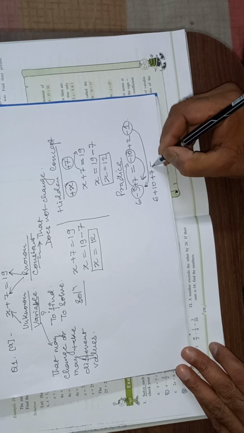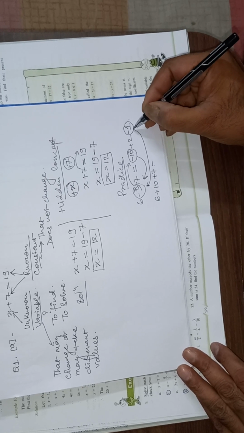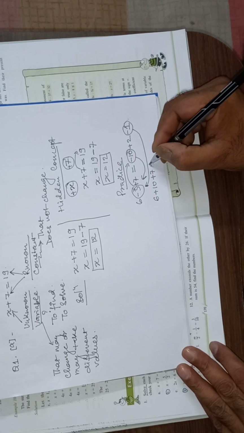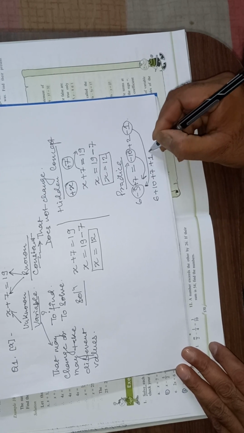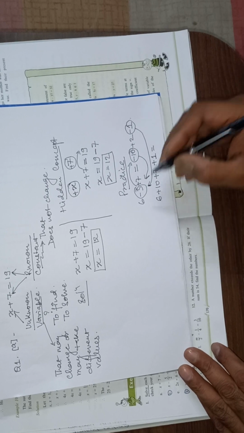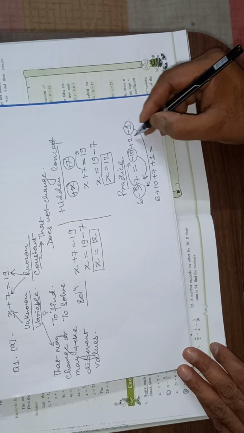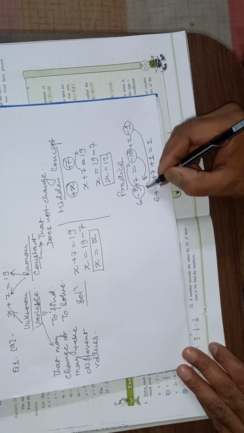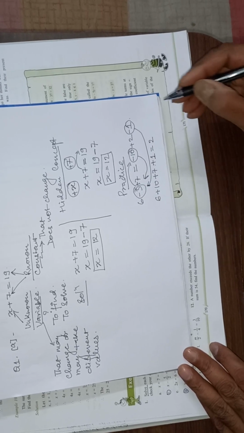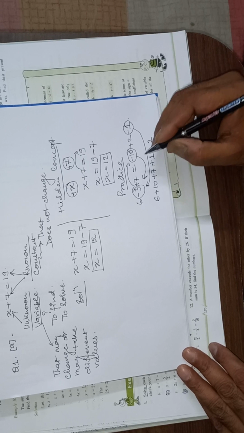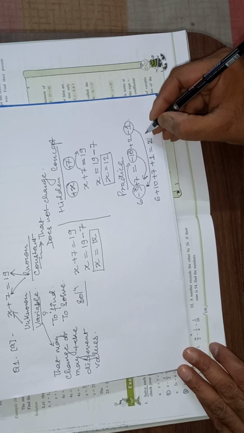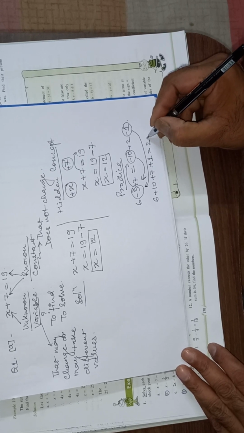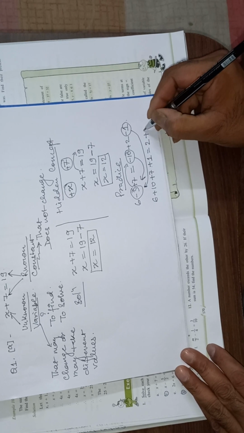Equal to, okay, this minus 1 is also coming here, so it will change to plus 1, and now equal to, already we have 2 with plus sign, and this minus 3 is coming to the right hand side of the equal to sign, and it will change its value to plus 3.